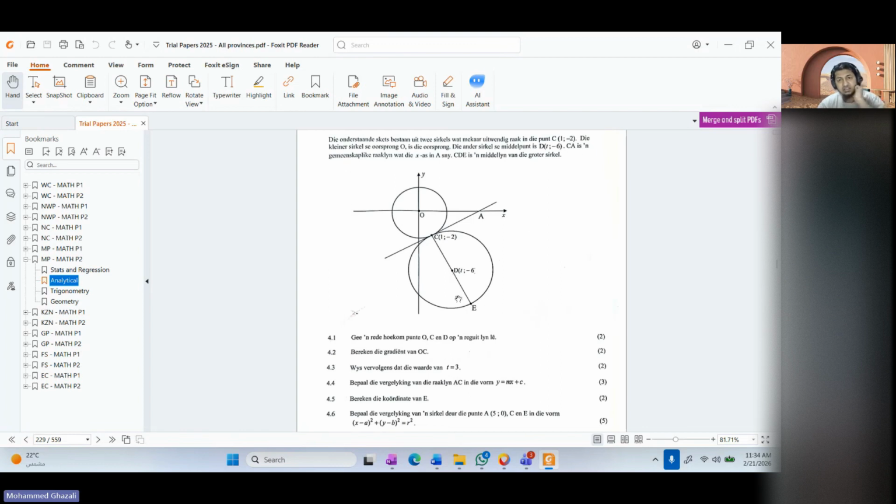CA, I think, is a tangent, and it crosses the x-axis at A. And CDE, the middle line, is basically the diameter of the bigger circle. This is the small circle. C and D, I think they want the coordinates of D.